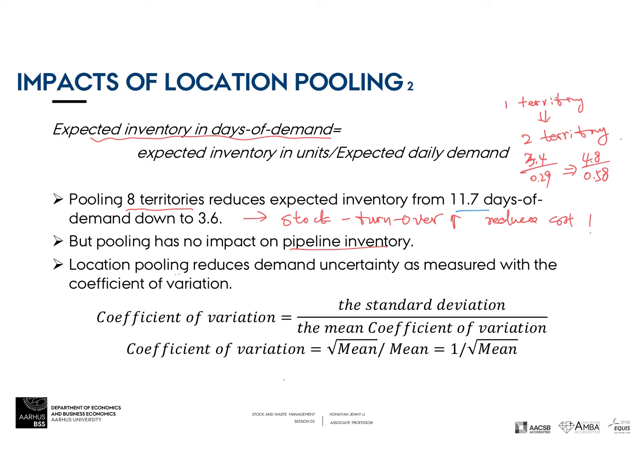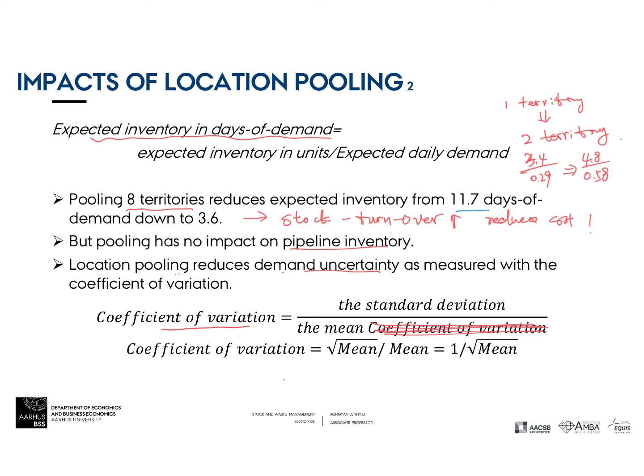And next, location pooling reduces demand uncertainty as measured with the coefficient of variation. First, we know the definition of the coefficient of variation is the standard deviation divided by the mean. So here is a table, we can just cross this out.